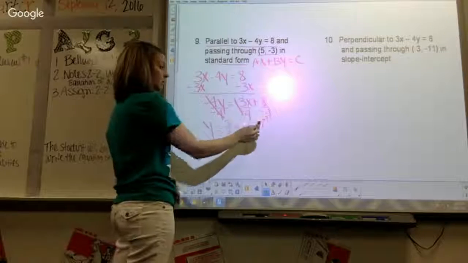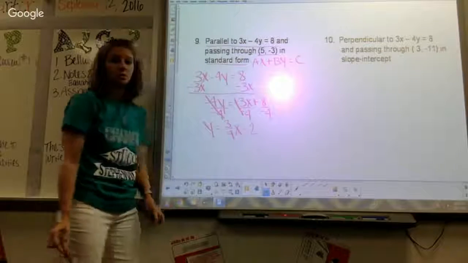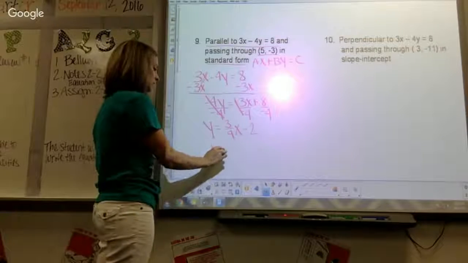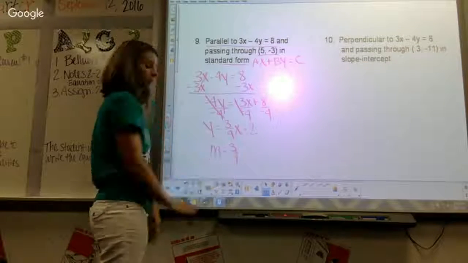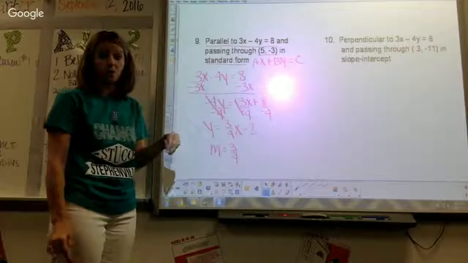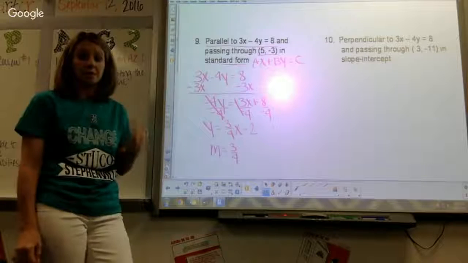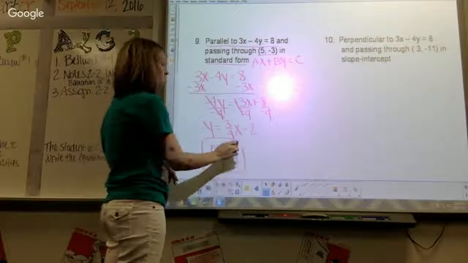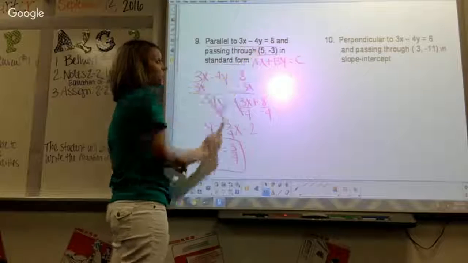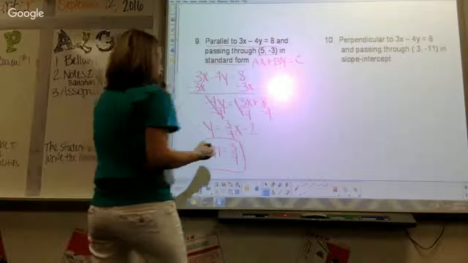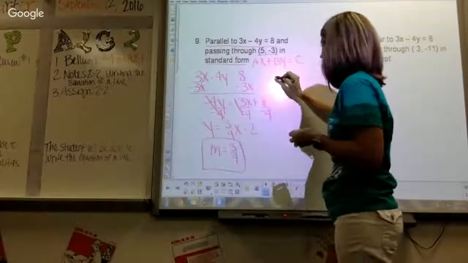And then 8 divided by negative 4 is a negative 2. So all we care about is looking at the slope. So slope would be 3 over 4. We know if this line is parallel to our new one, that those slopes are going to be exactly the same. So we're going to use this slope, and we're going to use this point that we were given to find the equation. We're going to use the slope formula.